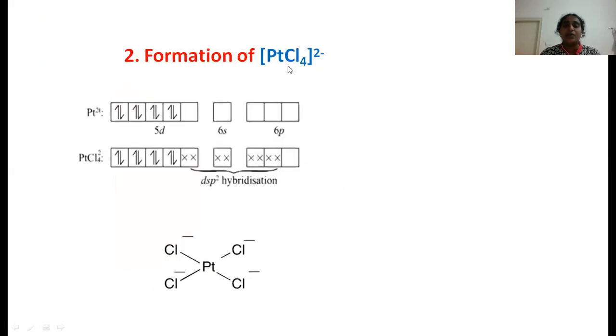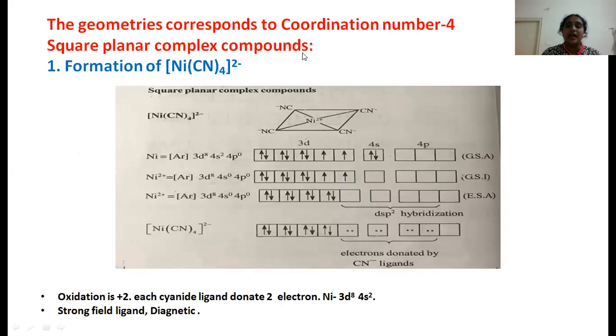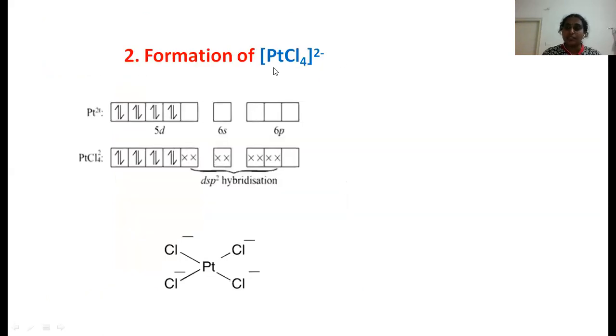But here chlorides are weak field ligands. In the presence of weak field ligands, the pairing of electrons should not actually take place. But nickel +2, platinum +2 and palladium +2 always try to get the square planar geometry only. So even with weak field ligands, pairing takes place, involving dsp2 hybridization.